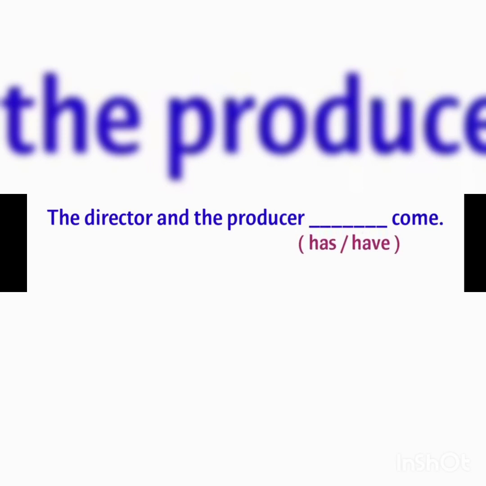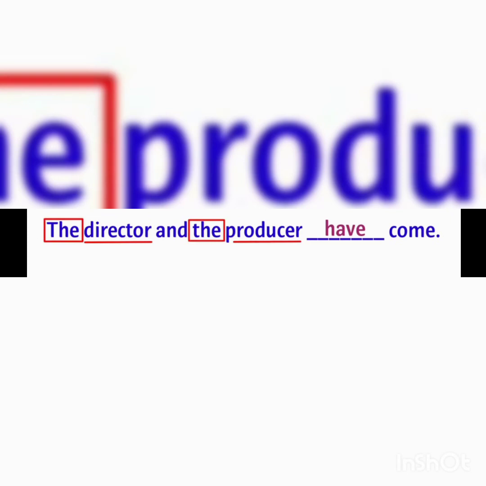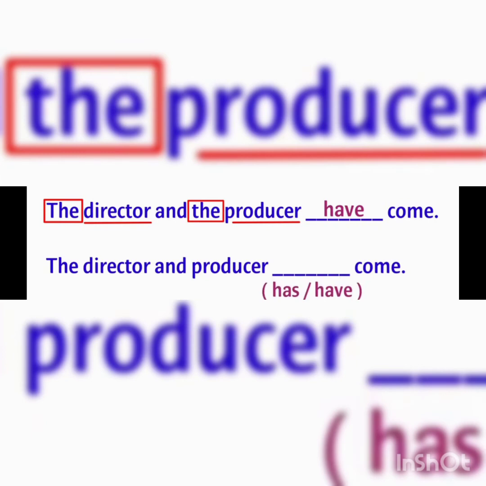So we are talking about Sanjay Leela Bhansali overall. But that will be possible in which case? When there is no article before the word producer. Is that clear? Okay. So in the second sentence, "the director and producer has" has come. I hope it must be clear to everybody. Okay.